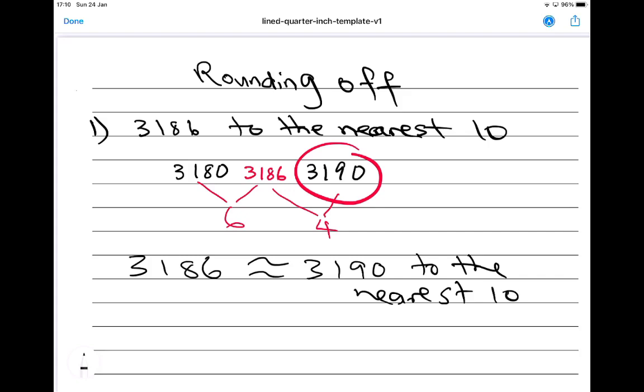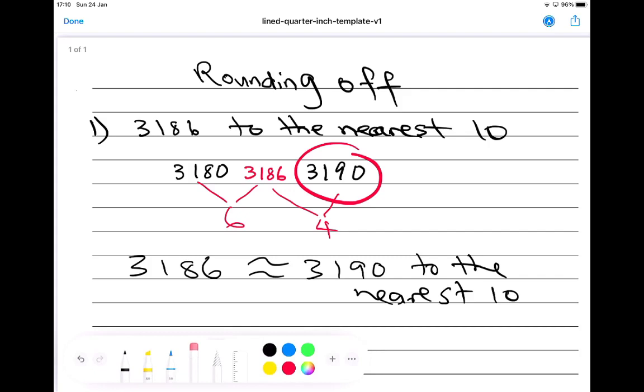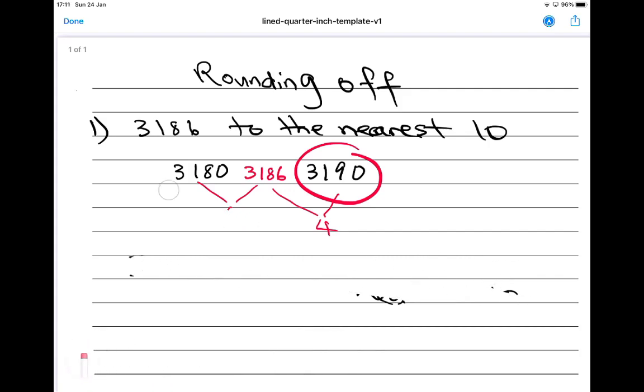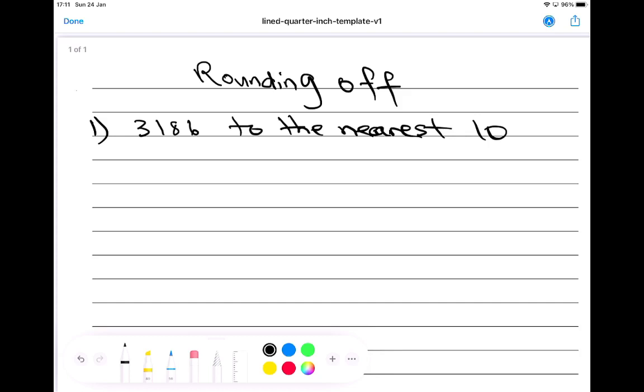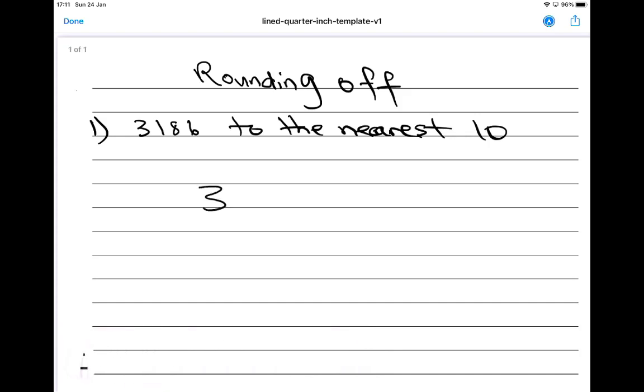Right, let me show you another way of answering the same question. You can use any one of those because there's no need really to show quite a lot of working for these questions. They're quite straightforward. Right, so 3,186.